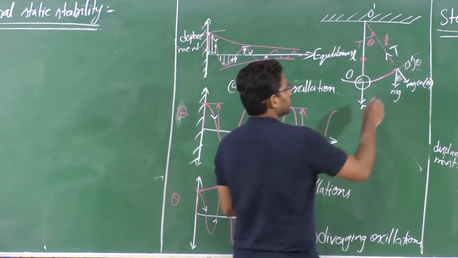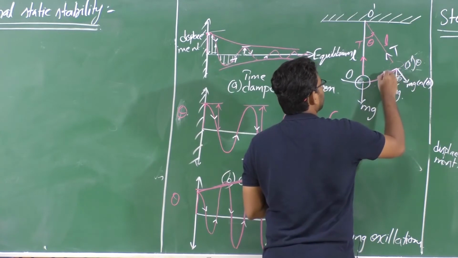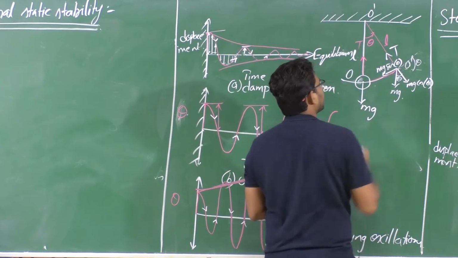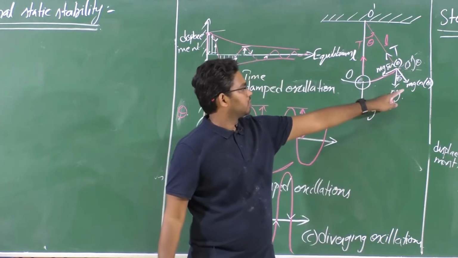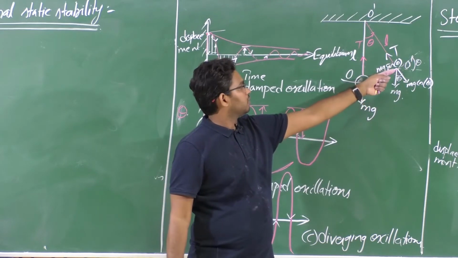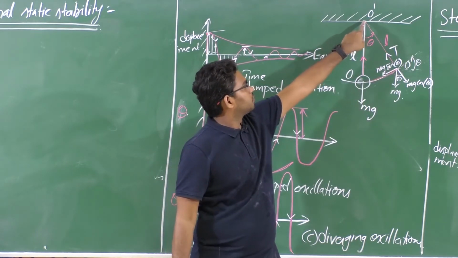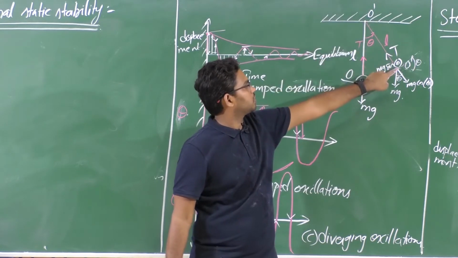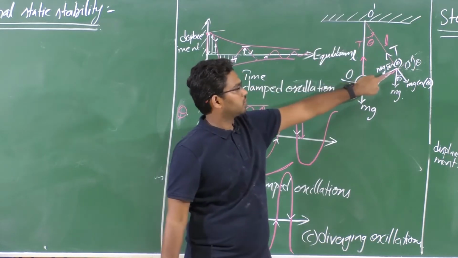And a component of this weight, which is mg sin theta, is what is helping this object to move in the first place, right? But this motion is about point O, isn't it? So with respect to point O, this turns out to be a rotational motion.